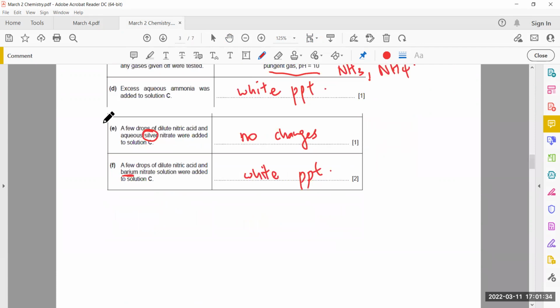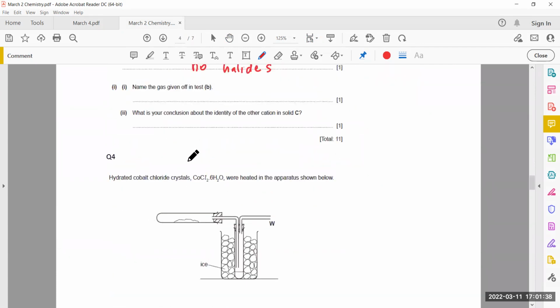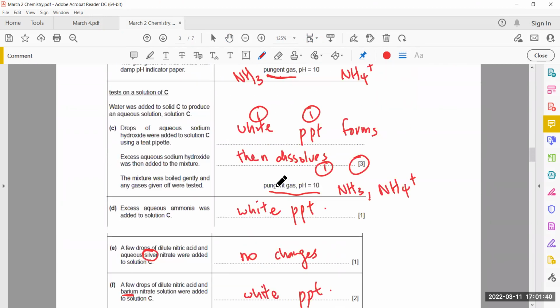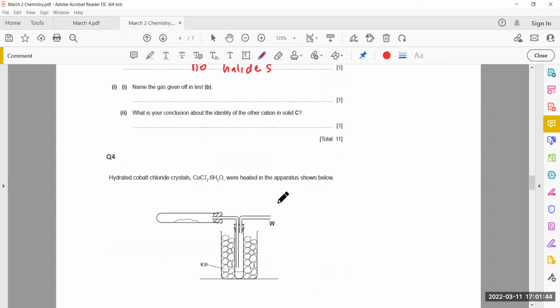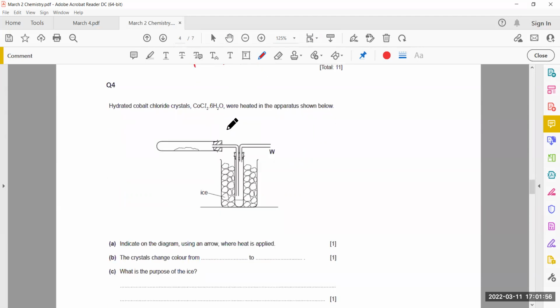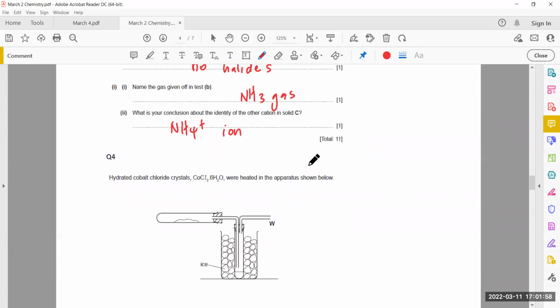E has no changes, right? Silver is to test for halides, so no halides. Name the gas given off in test B. Test B, what was the gas? Ammonia. So what is your conclusion? Ammonium ion. Okay? All right, any questions?